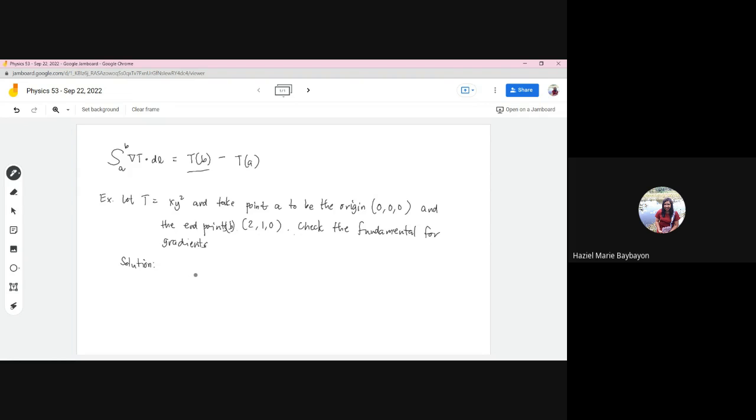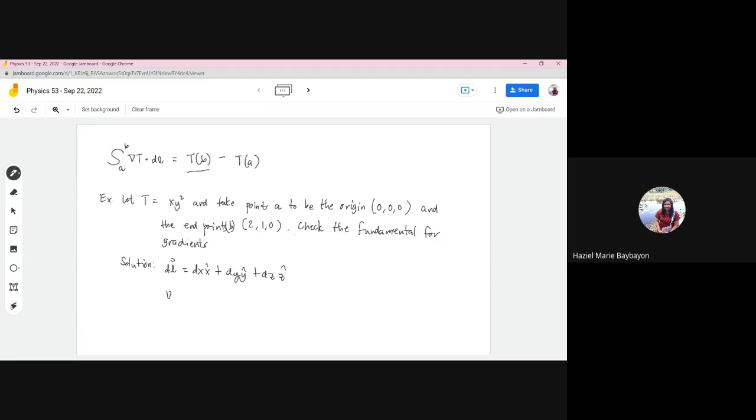So, for this, say first na to buhaton. So, recall that dl is equal to dx x hat plus dy y hat plus dz z hat. Okay. And then, T is given, which is equal to xy squared. Now we have to get the gradient of T. So how do we get the gradient of T, gani class?